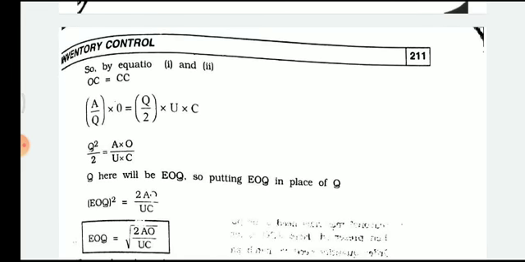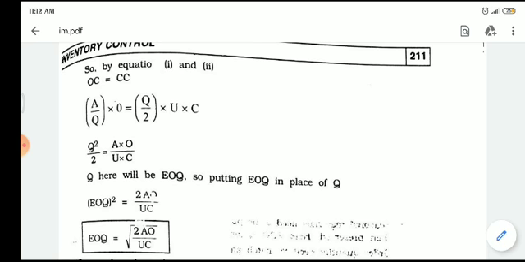Ordering cost is A by Q into O, and CC is Q by 2 into U into C. So here Q is multiplied over there, giving Q square by 2, and then other values of the right hand side are kept on the left hand side.